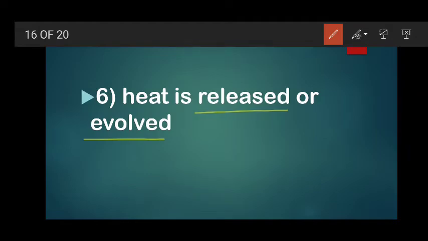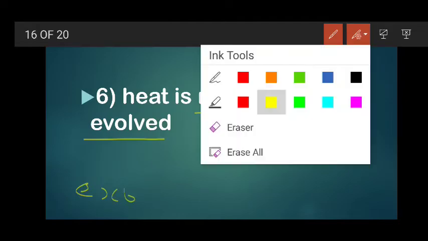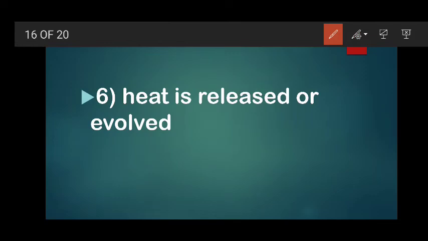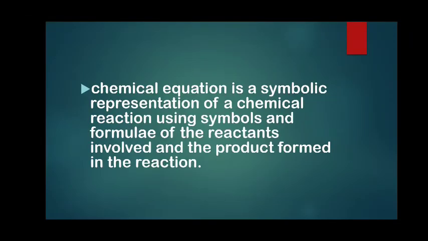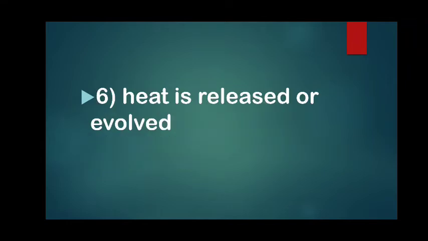When heat is evolved, it is called an exothermic reaction. And when heat is taken in during the reaction, such a type of reaction is called an endothermic reaction. So always remember, exo means out, endo means in. Inside. So like this we can say that in some chemical reactions heat is released or evolved.